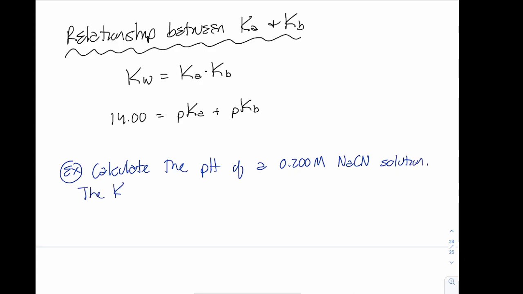The Ka of hydrocyanic acid is, I'm looking it up here, 4.9 times 10 to the negative 10th. And that's all the information we're going to be given.